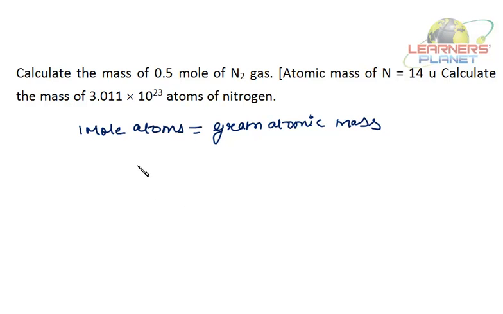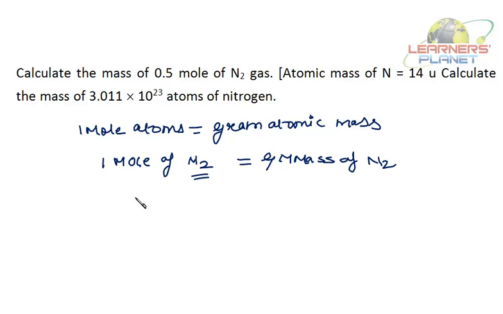Now 1 mole of nitrogen gas it is asking. So 1 mole of N2. In the nitrogen gas there is N2 molecule. So 1 mole of N2 will be equal to the gram molecular mass of N2.